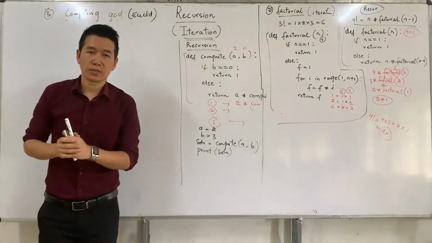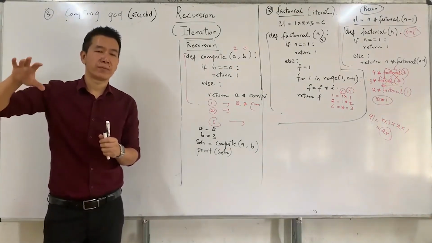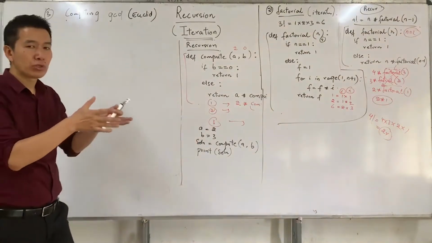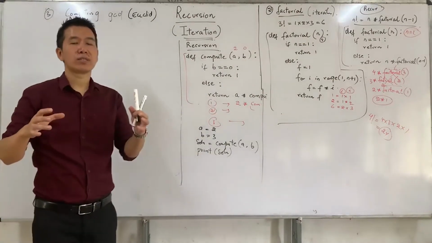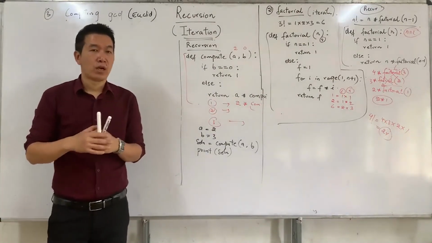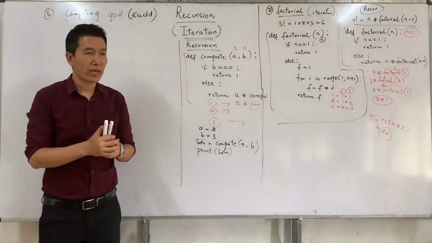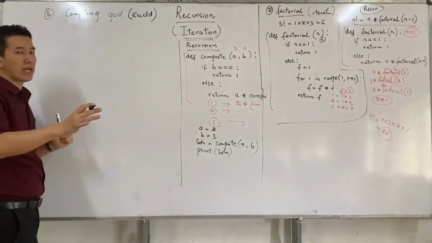That's none of our business. So our focus should be on how to implement the logic laid down by the mathematician and the scientists into the programs. But it's important that we understand how this algorithm works, which was invented by the mathematician called Euclid.